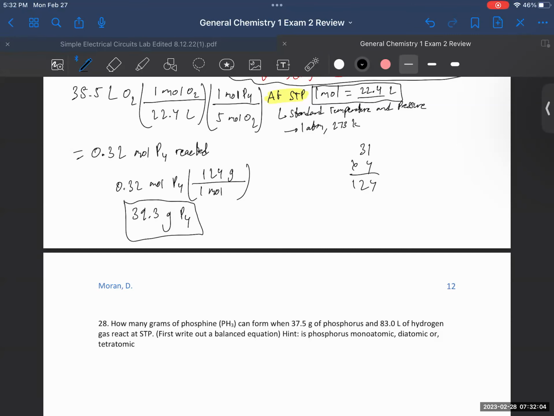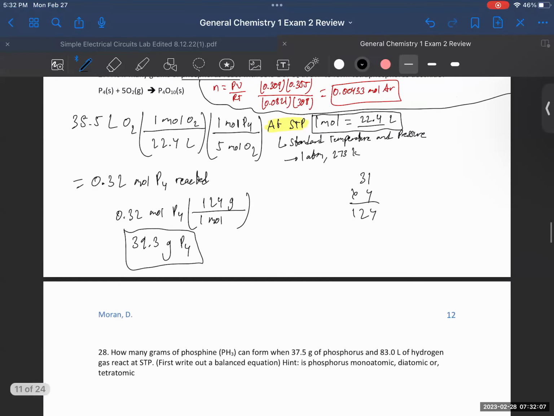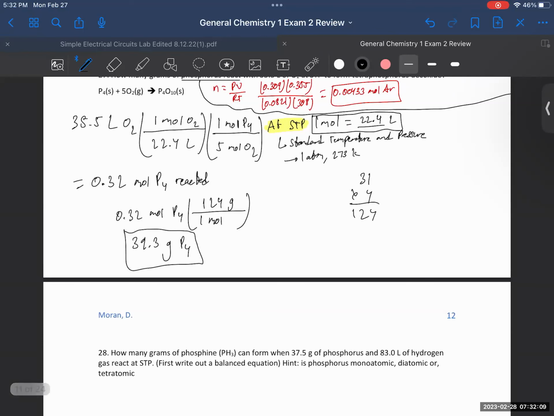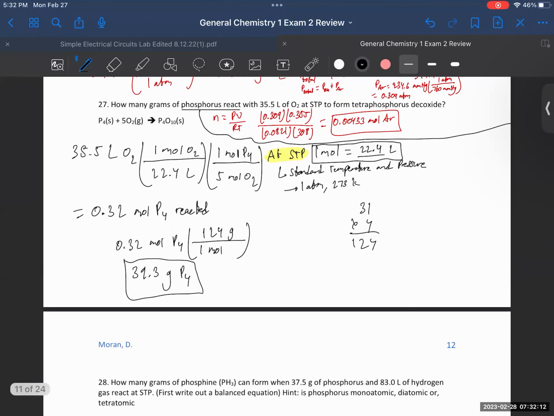Then from there, I plugged it into my mole ratio to get moles of O2. And then I could figure out how many grams of phosphorus reacted, since our oxygen is our limiting reactant. By that, I can figure out how many moles of phosphorus reacted by converting. So for every 5 moles of O2, there's 1 mole of P4. So I got the amount of moles that reacted, and then I just converted that amount to grams. Does that make sense? Does that answer your question?